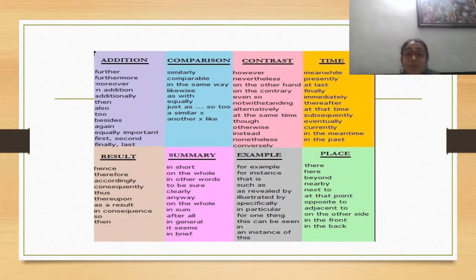Okay. So, linking words can be used in different conditions. And these conditions are like addition, comparison, contrast, time, result, summary, examples, and places. Giving examples in IELTS in itself is a very, very important task, and why it is an important task also has a reason again.